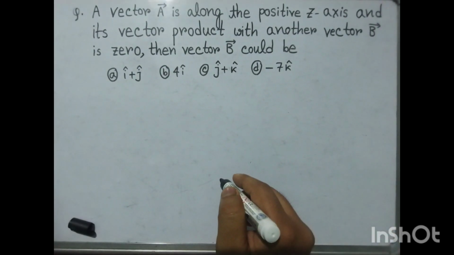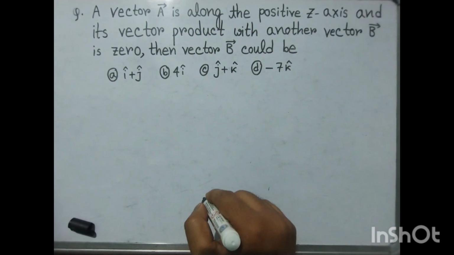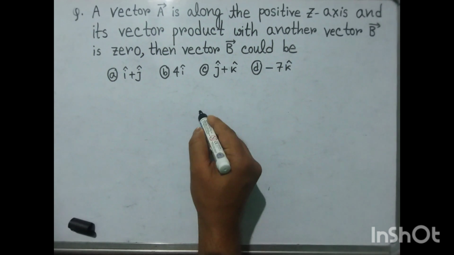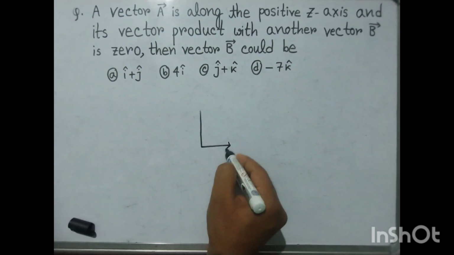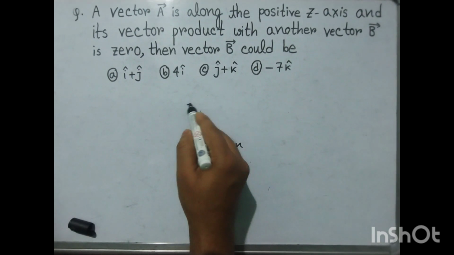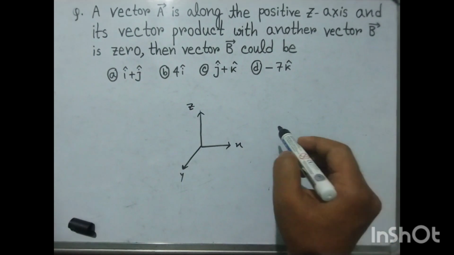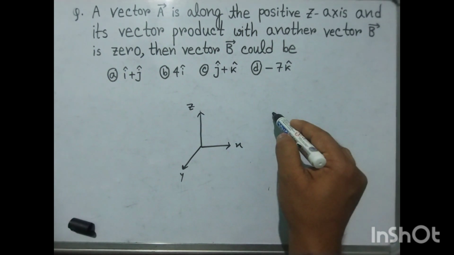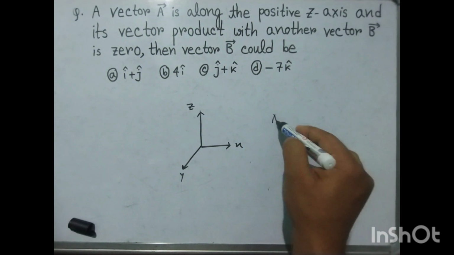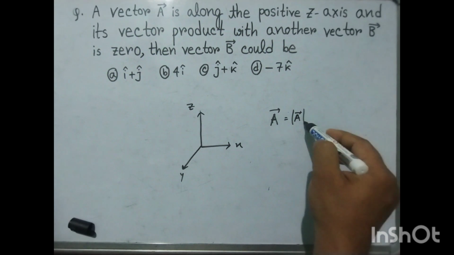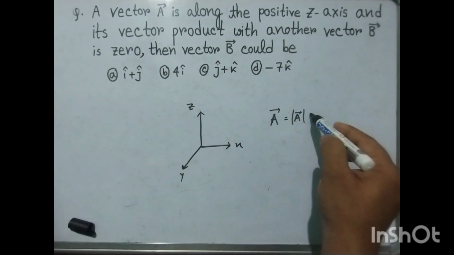Okay, in this question it is saying that A vector is along the positive z axis. That means suppose this is x axis, this is y axis, and this is z axis in 3D. So A vector is along positive z axis. Here the magnitude of A vector is not given, but the direction is towards z axis, that means k cap.